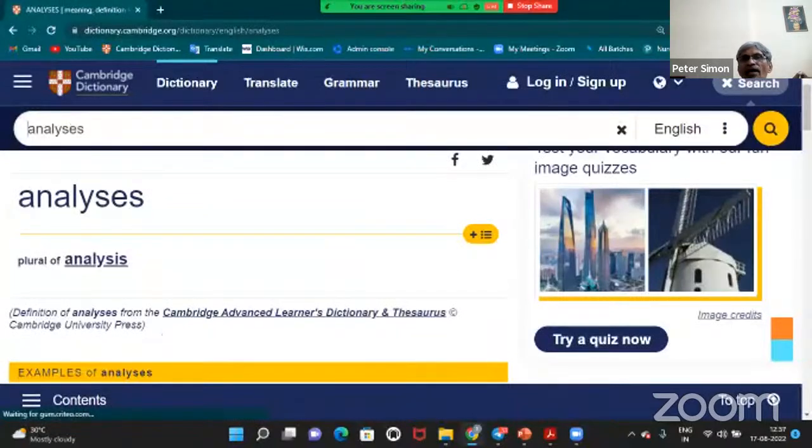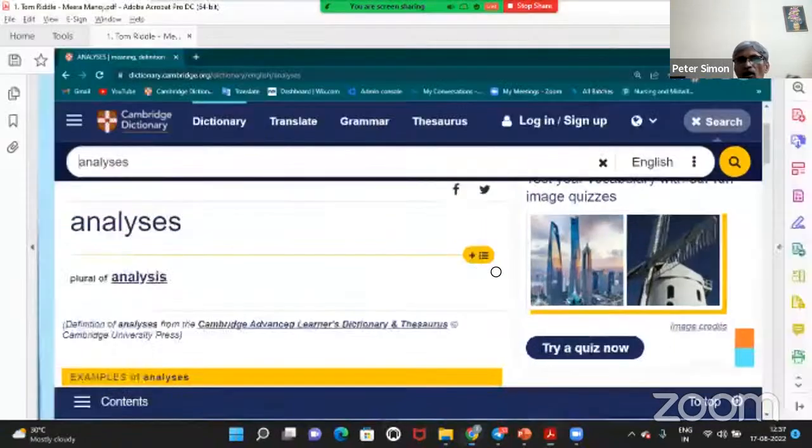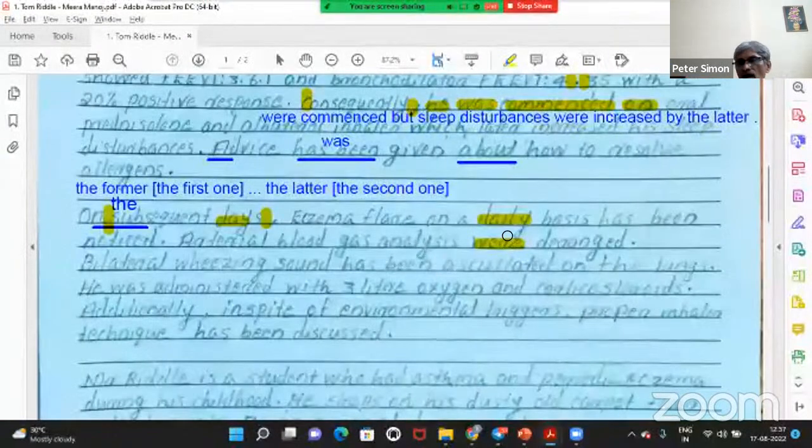So you should have written analyses are deranged, or analysis is deranged. On the subsequent days means on the following days, so were deranged, yes, past tense. Very good. So here analysis was deranged.